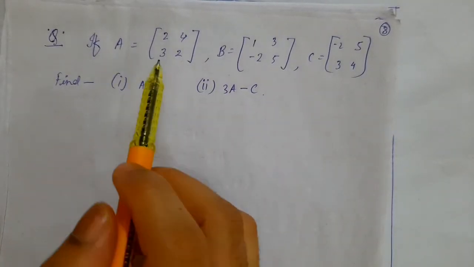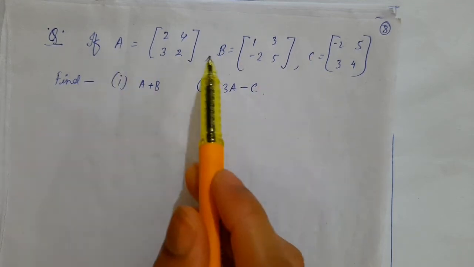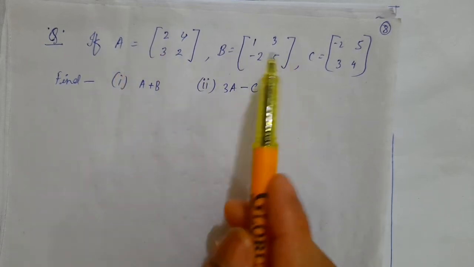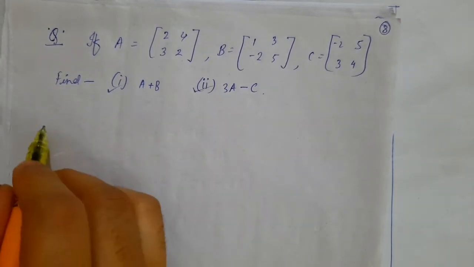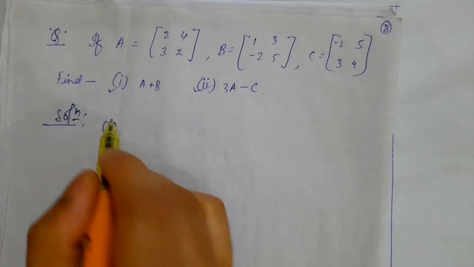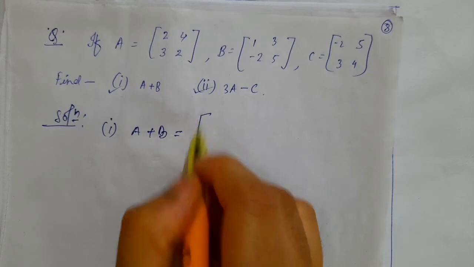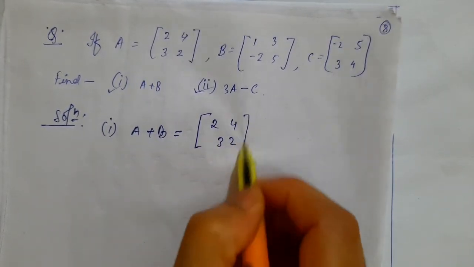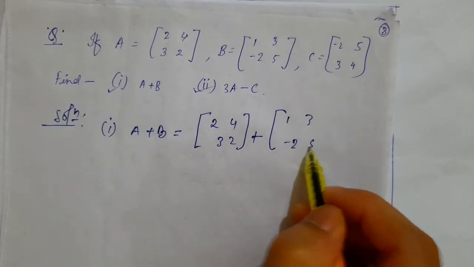Now we will do a few more questions from addition of matrices. This question is from your NCERT textbook. If A equal to this is given, they asked us to find A plus B and 3A minus C. We'll solve this one. First one, simply addition of these two matrices A plus B. We simply write the matrix 2 4 3 2 plus B, which is 1 3 minus 2 5.